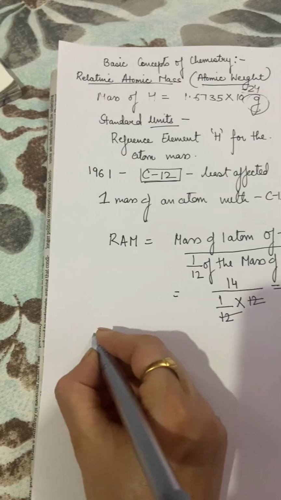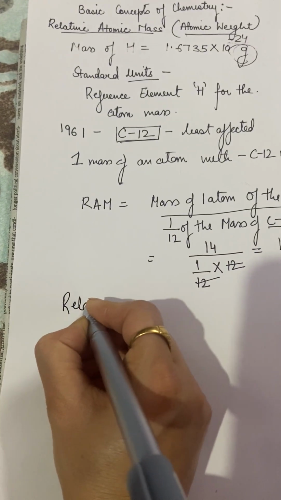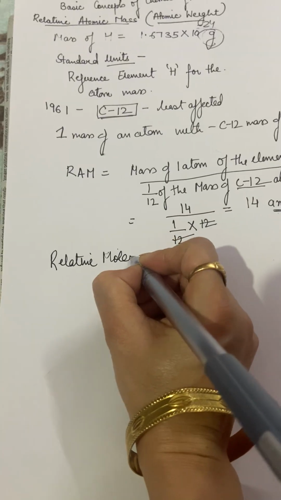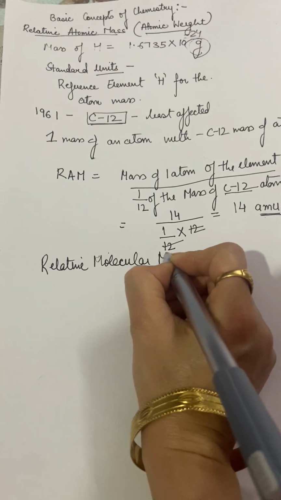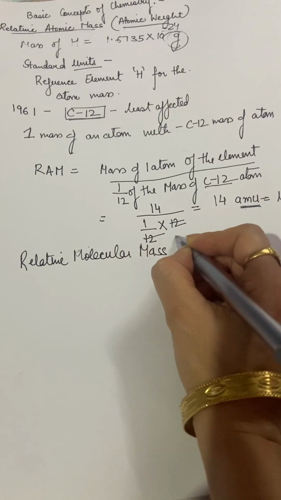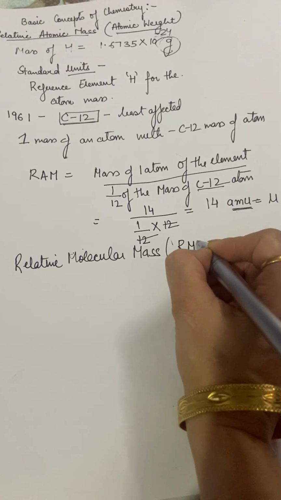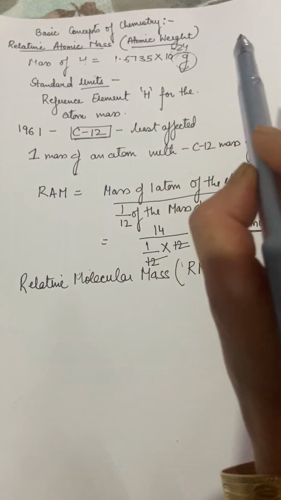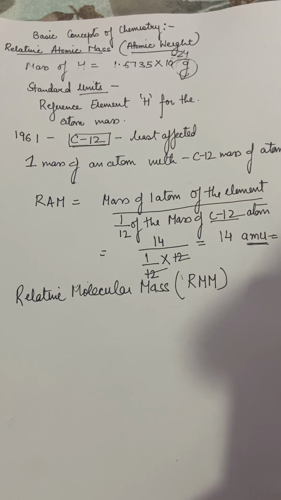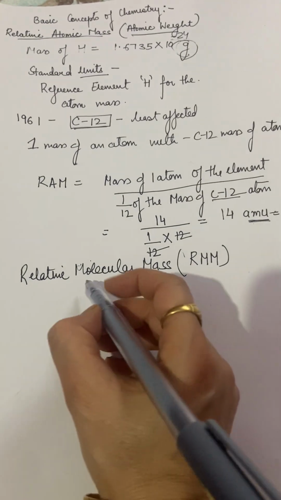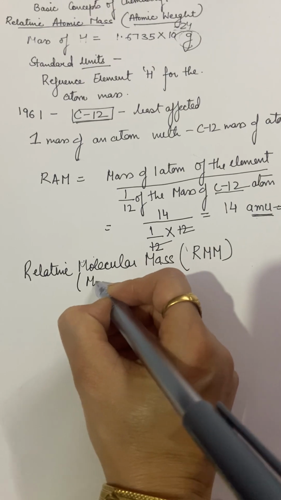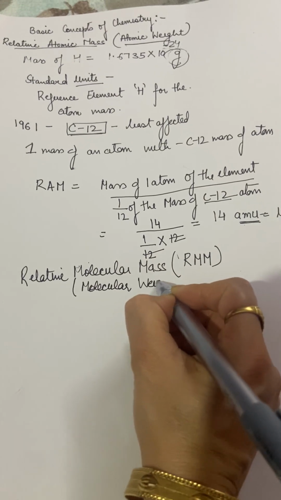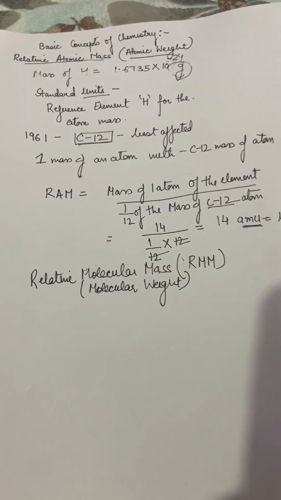Now, next concept is the relative molecular mass, and its short form is RMM. Like relative atomic mass is the atomic weight of an element, relative molecular mass is the molecular weight of the substance. Now you all know what is a compound.